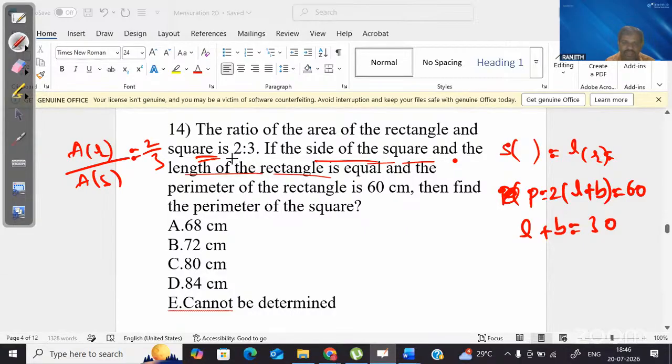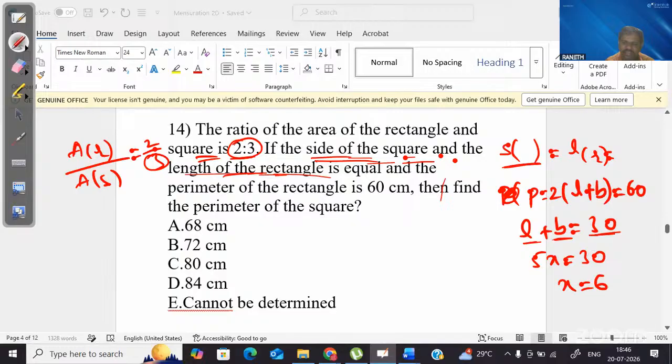It is given area of rectangle and the side of square will be equal to 2x and 3x, and also is given the side of square and length of rectangle is equal. Both of them are equal in the sense we can add these two, so 2 plus 3 equal to 5 times of x is equal to 30, where x equal to 6.